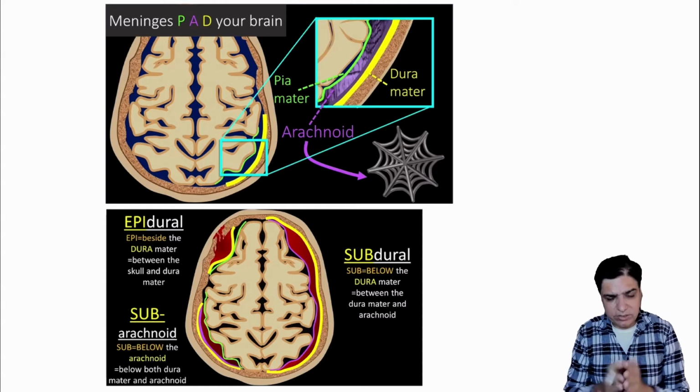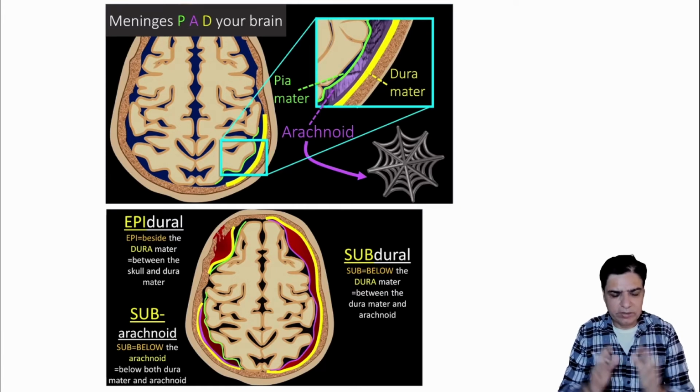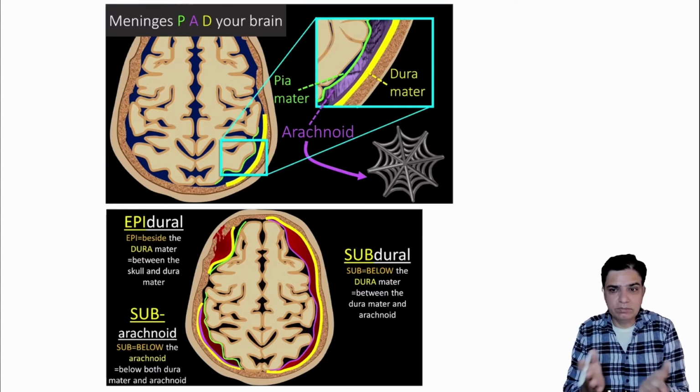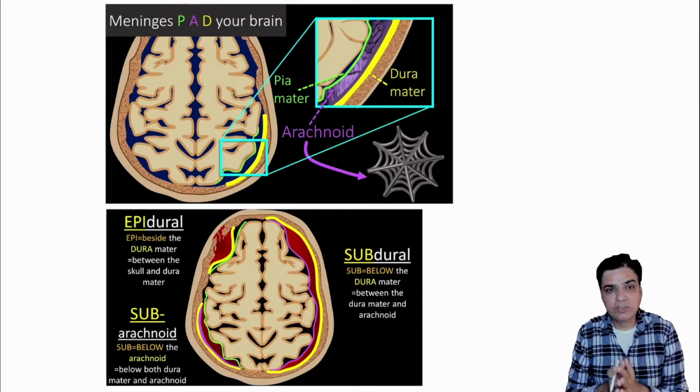Now, the dura mater is traversed by blood vessels. There are blood vessels on the inner surface of the cranial vault as well, and these blood vessels are on the surface of the meninges, especially the dura mater. So, in case of trauma, these vessels can rupture. They can cause a bleed, which we would call an extradural bleed. Extra because it's outside the dura mater.